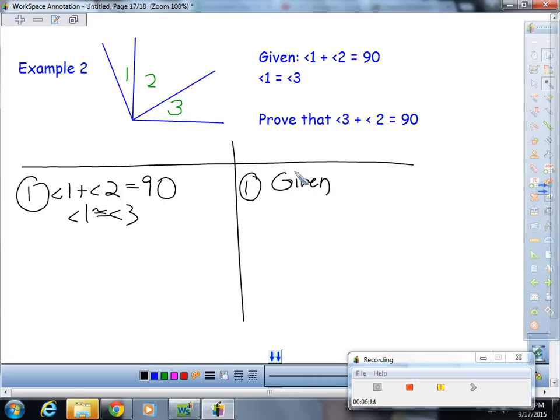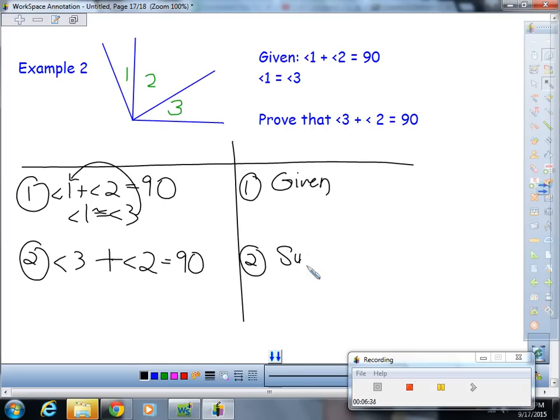What I'm going to do is take out my angle 1 and substitute angle 3 in for it. So I can say that angle 3 plus angle 2 equals 90, and my reason is substitution. Boom!